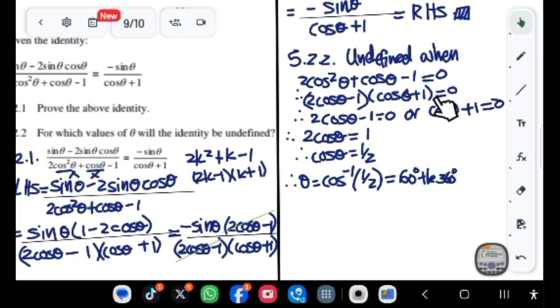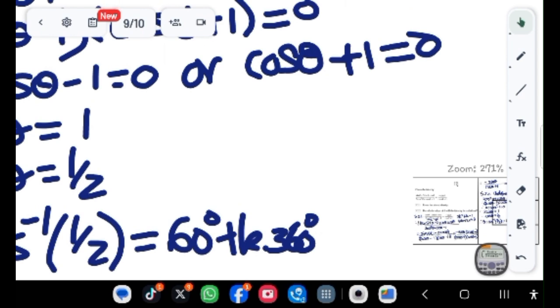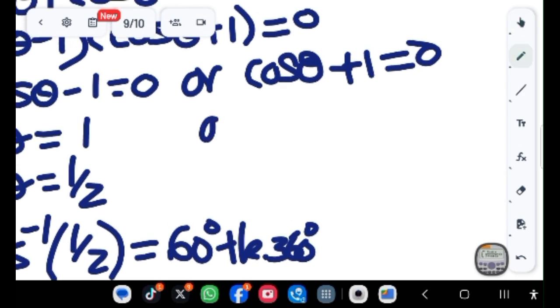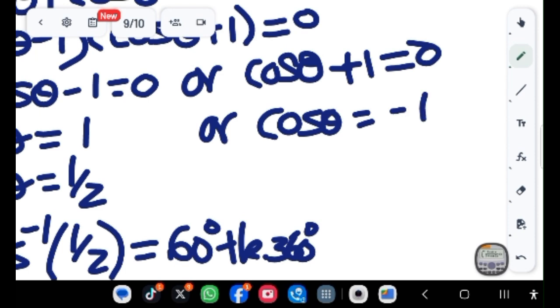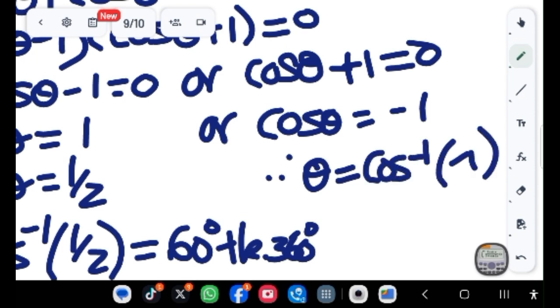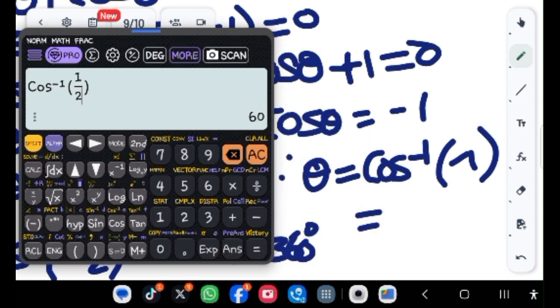Or, when cos of theta equals negative 1. When is cos of theta negative 1? Theta equals cos to the minus 1 of negative 1, which gives us what angle? Let's see.